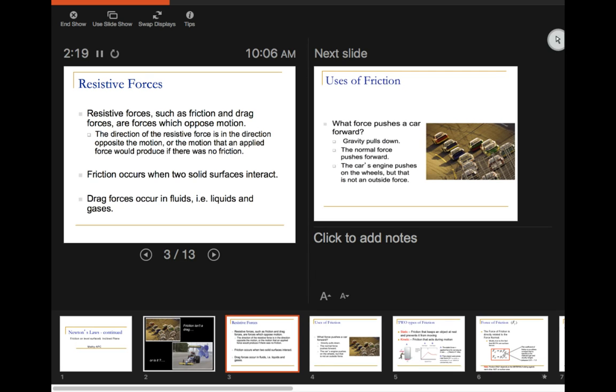And number three, when friction occurs in fluids, we call it a drag force. Those are the three big ideas that we need to know. We're not going to dwell on vocabulary, or on writing things down in our unit notes. But you've got to know these three things.